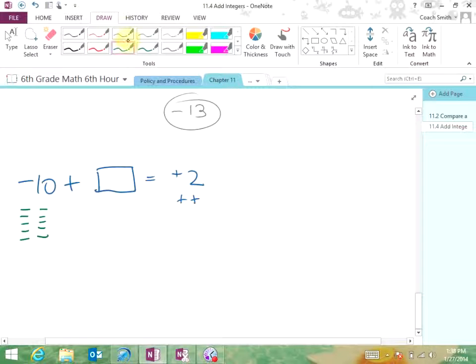So what can I do to this group of negatives to cancel all of them out and have 2 positives left over? What can go here that can cancel out 10 negatives and have 2 more positive signs left over? Isaiah. Positive 12. So it's positive 12, so you would have this right here.